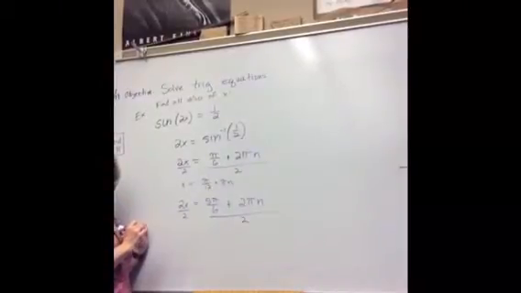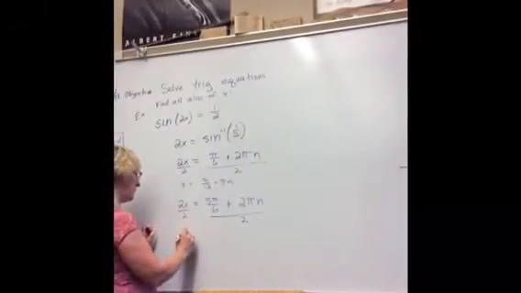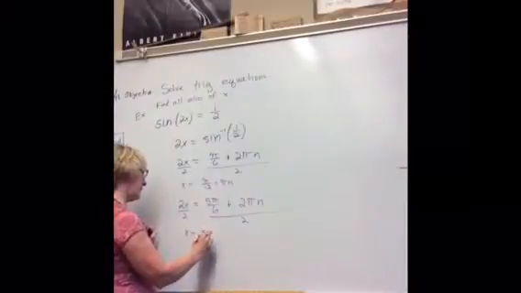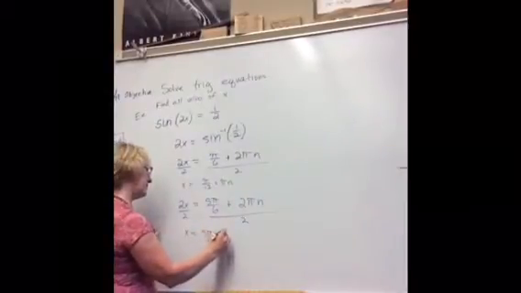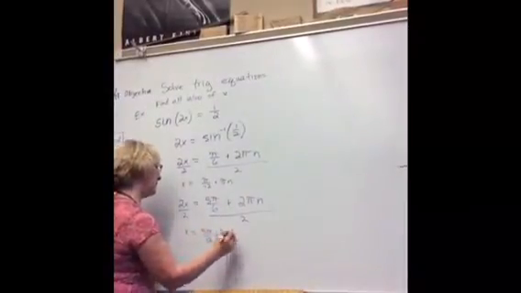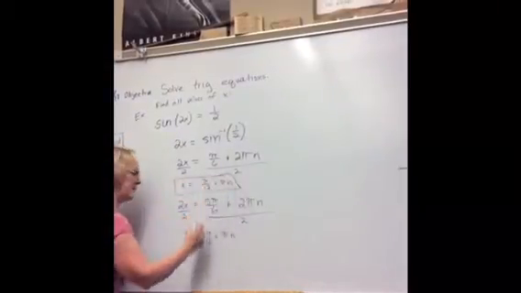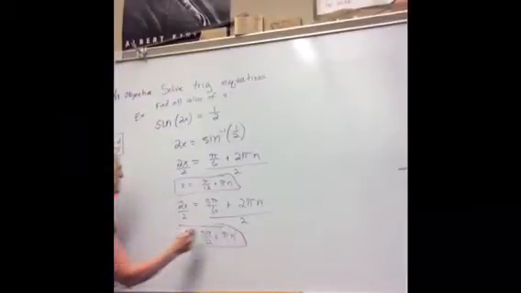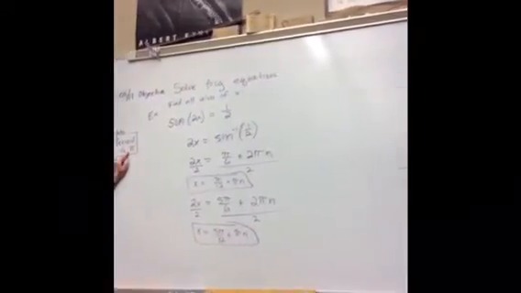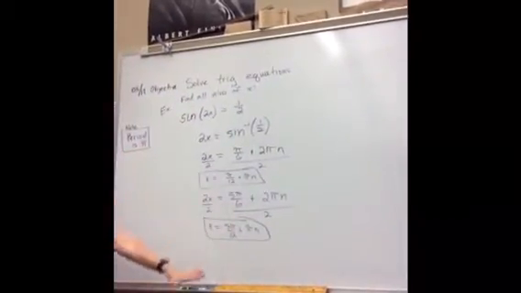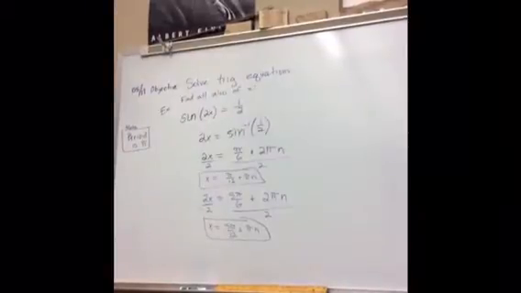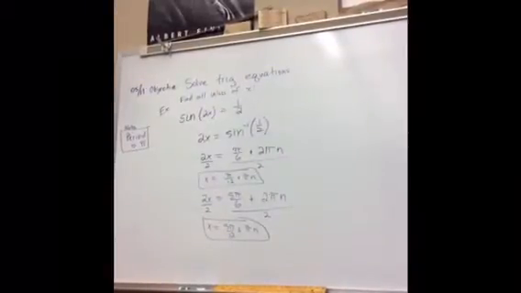And this one would be 5 pi over 12 plus pi times n. And so there you go. That matches with the idea that our period is pi.